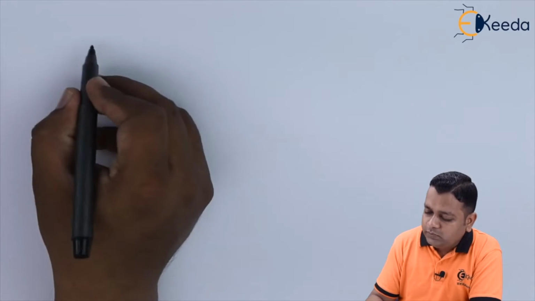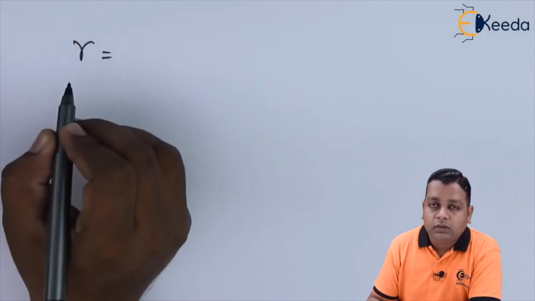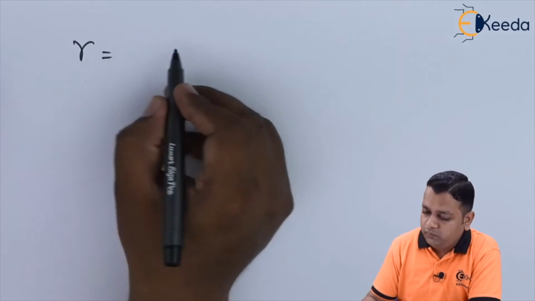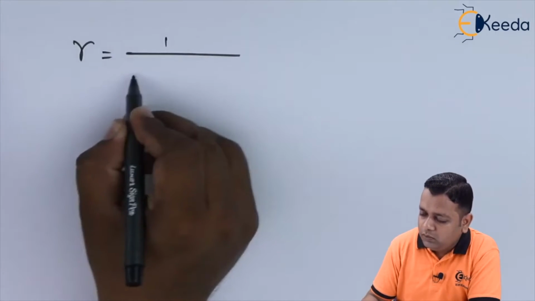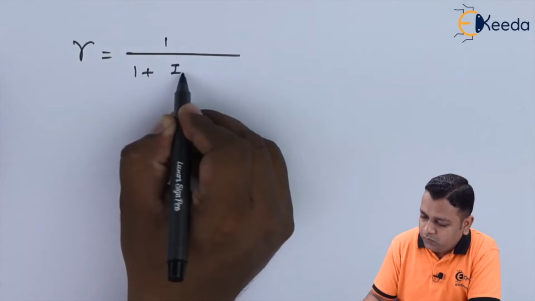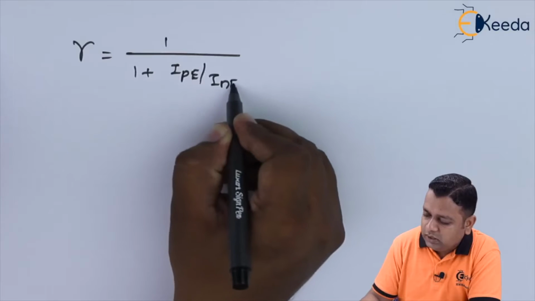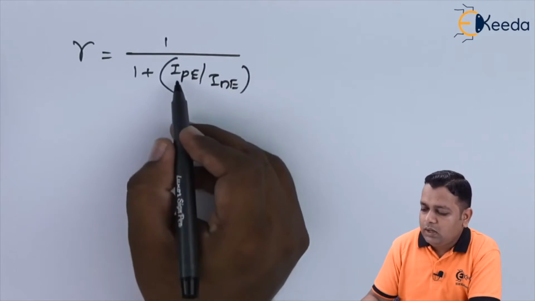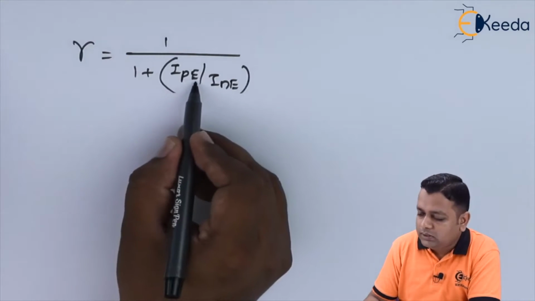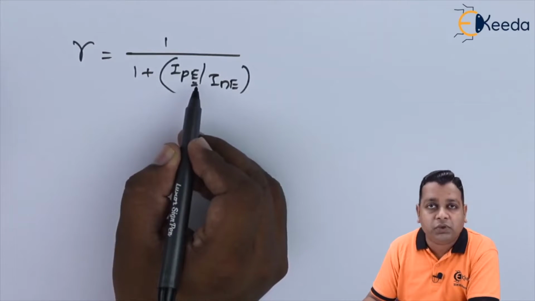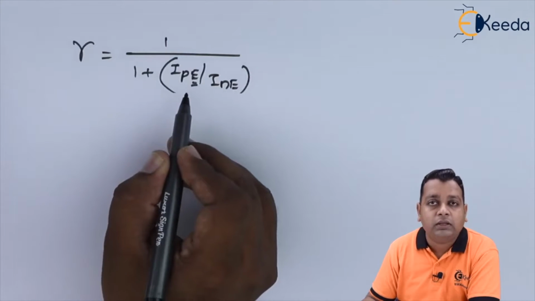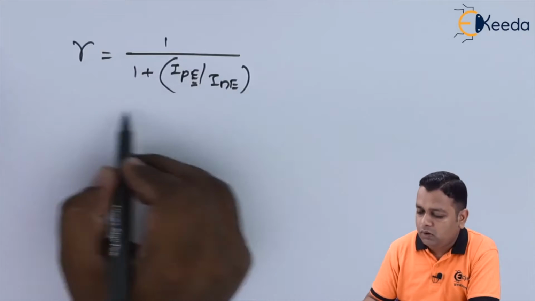So here we have expressed the efficiency of the emitter as 1 divided by 1 plus I suffix PE divided by I suffix NE. Here, in I suffix PE, this capital E is the designation with respect to the corresponding region, that it is the emitter for our case here.